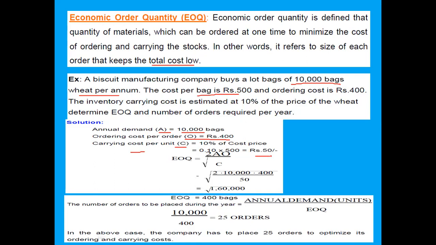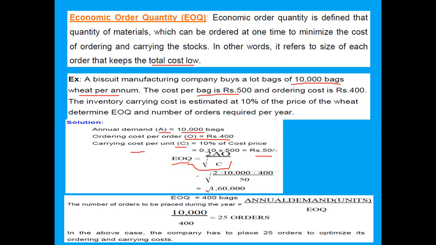That is the inventory carrying cost. Now the EOQ is equal to the root of 2AO divided by C. So this is the formula. Now substituting the values, 2 into A, which is 10,000, into 400, divided by 50, root.